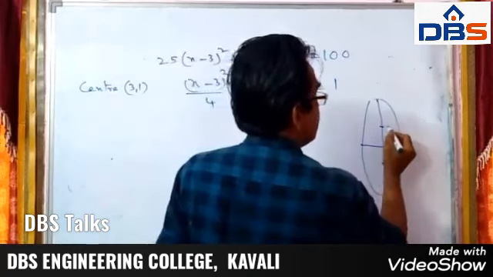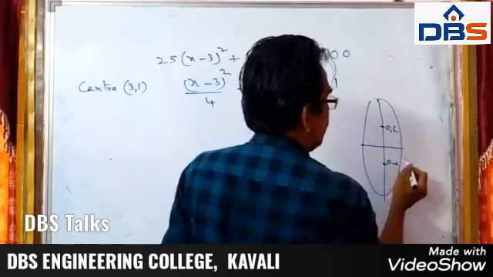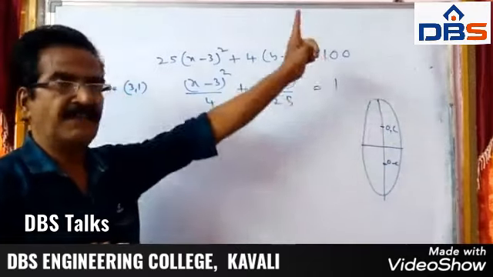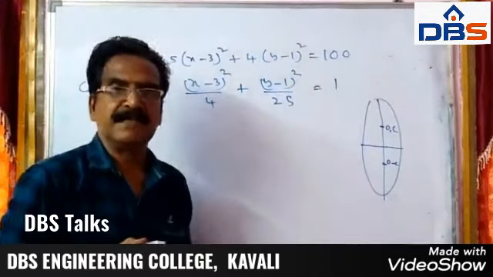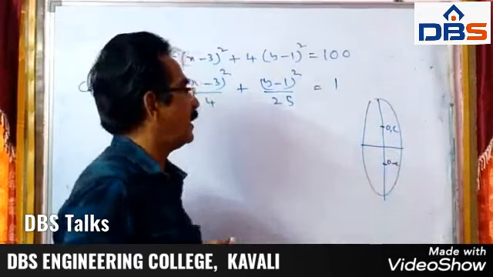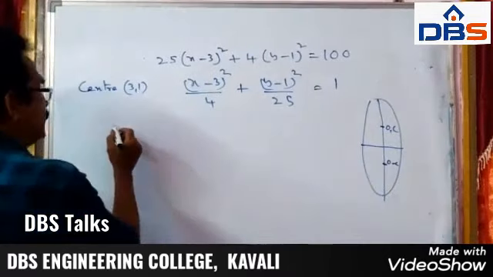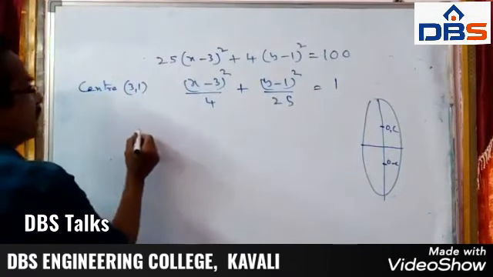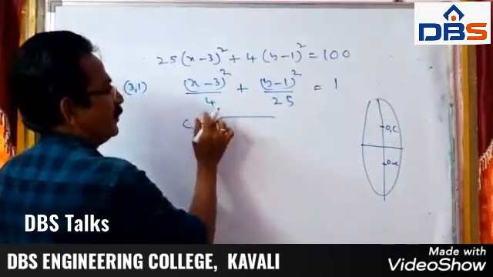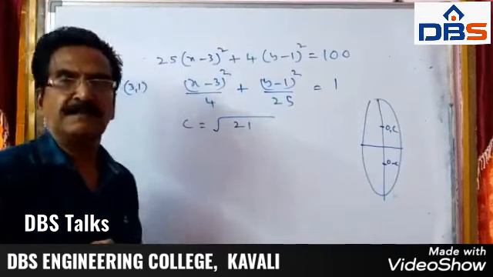Here this is a vertical ellipse, so foci are (0, c) and (0, minus c), where c is equal to root of a square minus b square. 25 minus 4, 21. c is equal to root 21.